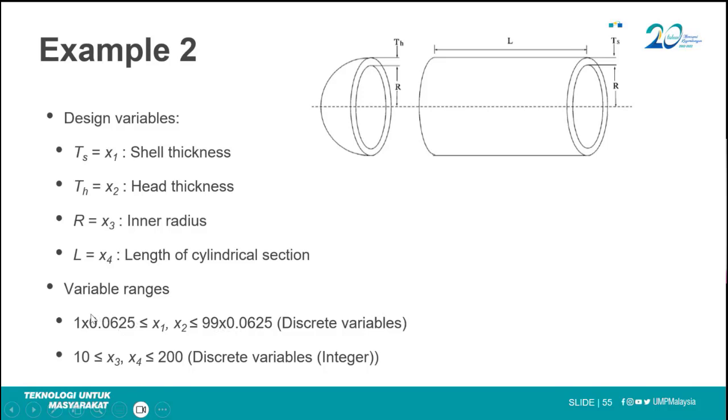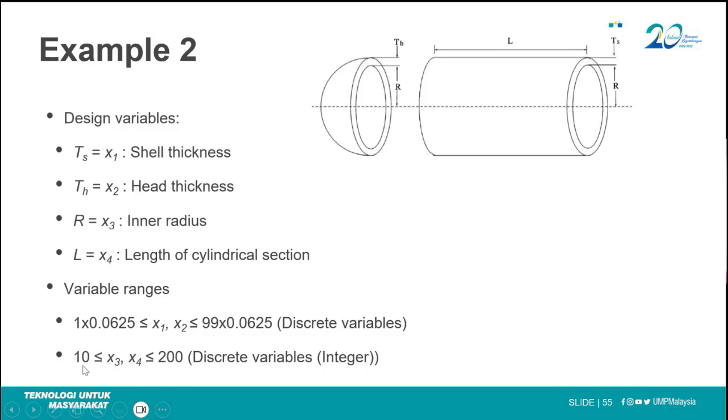In this example the increment is 0.0625, so it cannot take any value but must be a multiple of this increment. This is the discrete variable.